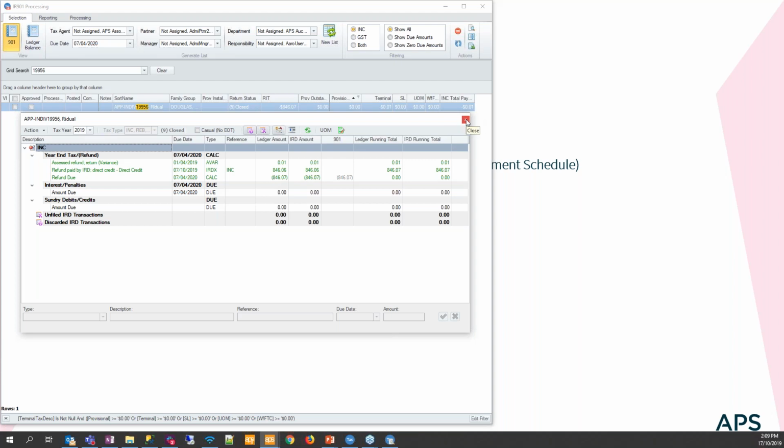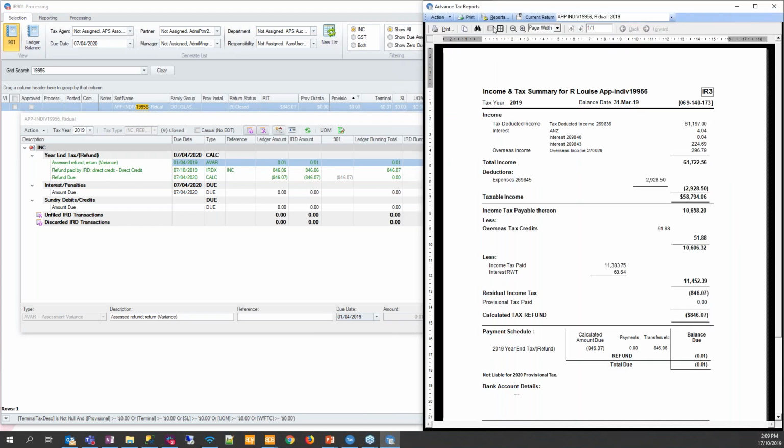Okay. One thing just worth pointing out again is that in terms of the variances that are created, the variance that is assigned to the year-end tax refund element, in terms of the tax summary report, if we have a look at that, that variance is not being reflected in this balance at present.